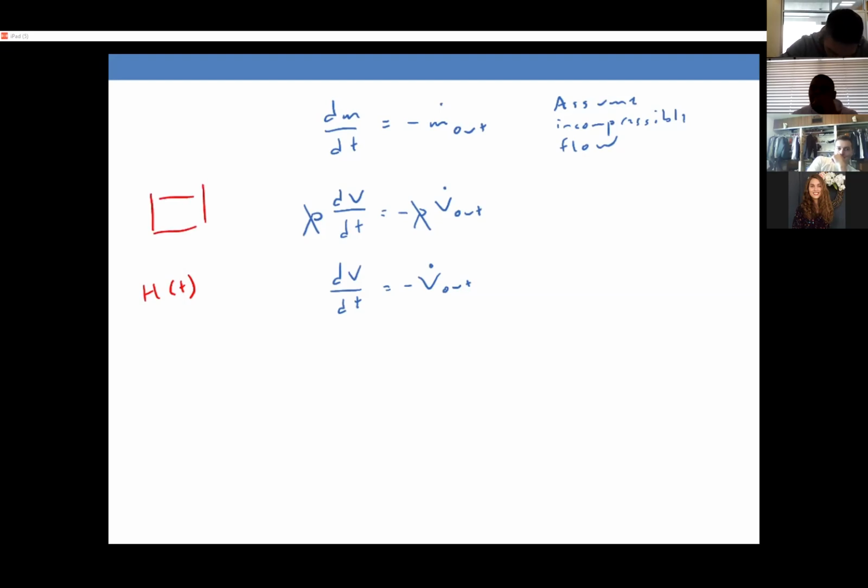And so dV/dt is going to equal d/dt of pi r squared h.